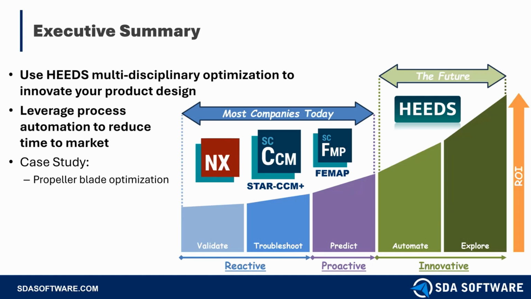We'll demonstrate these two points through today's case study. We'll be going over a propeller blade optimization, and we chose this APC 10x5 thin electric blade to optimize. For the rest of the presentation, I'm just going to refer to it as the stock blade, just to make it easy to keep track of.